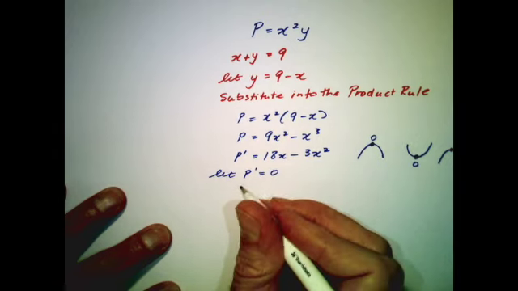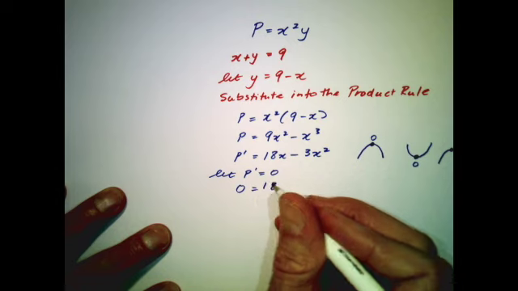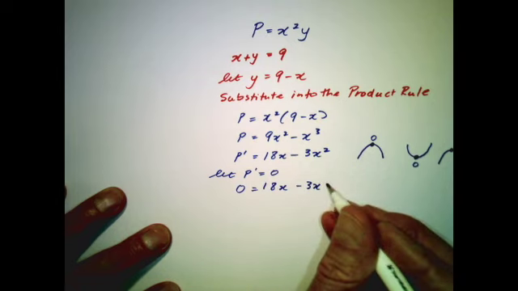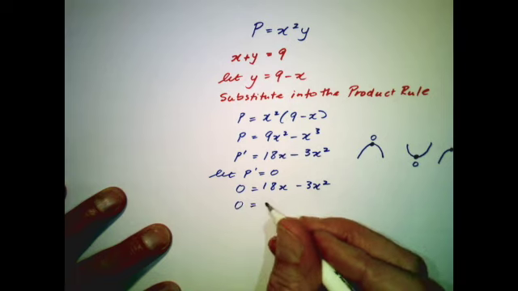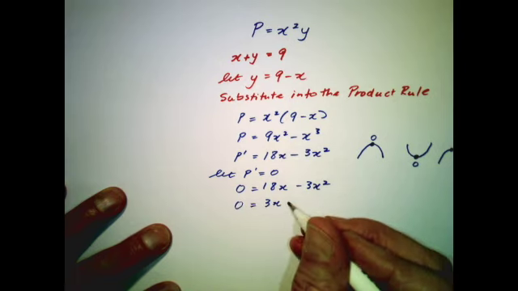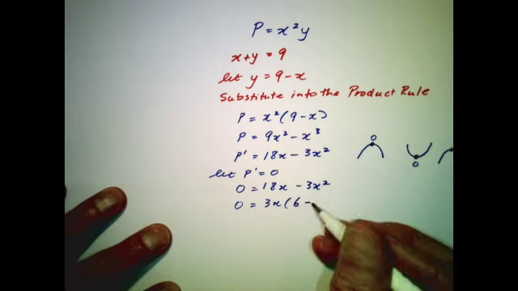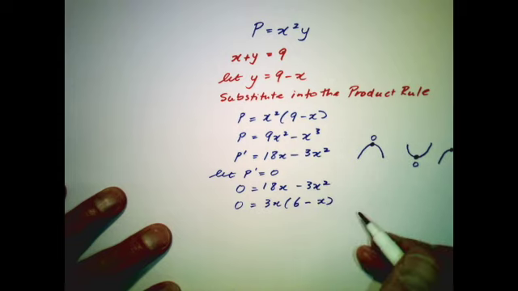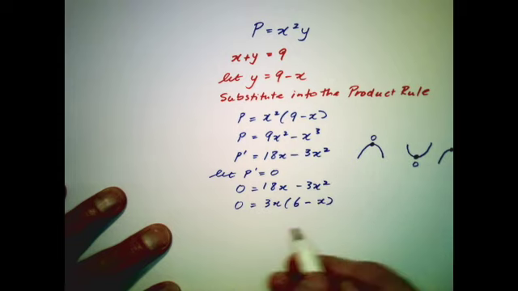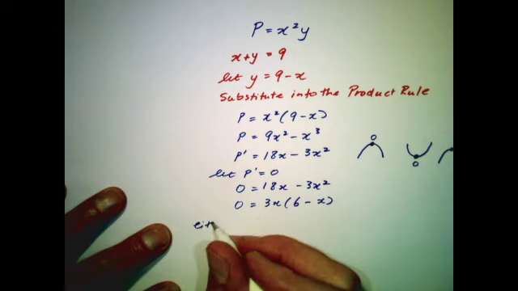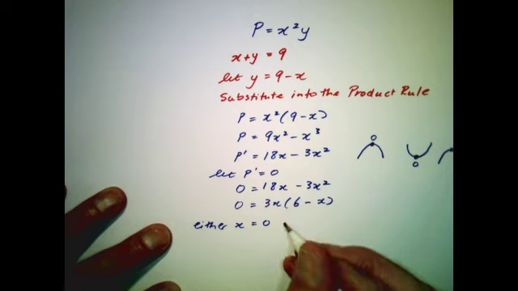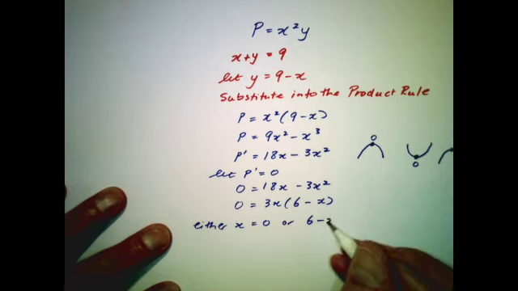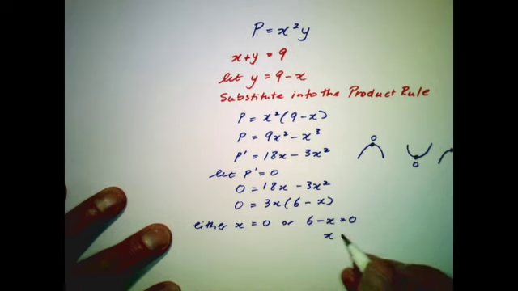That means we're solving 18x minus 3x squared equal to 0. And the easiest way to do that is to factorize. So we'll factorize out a common factor of 3x, and we're left with 6 minus x. So for our solution, we can see that either x equals 0 to make this equation true, or 6 minus x equals 0, in which case x equals 6.